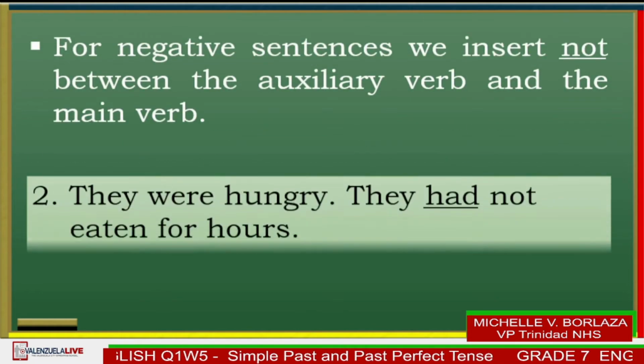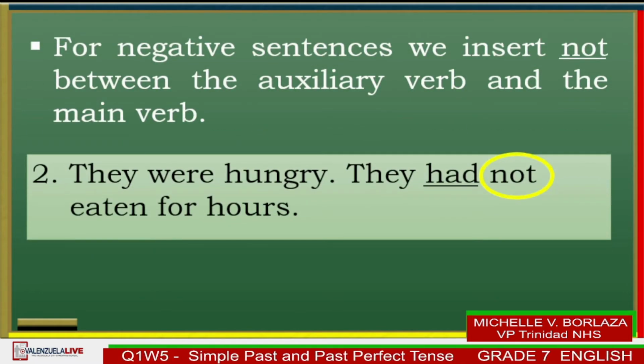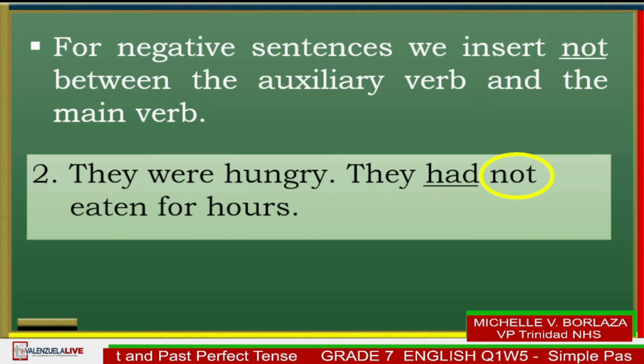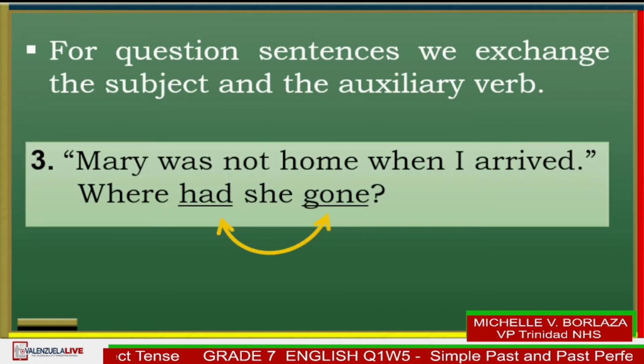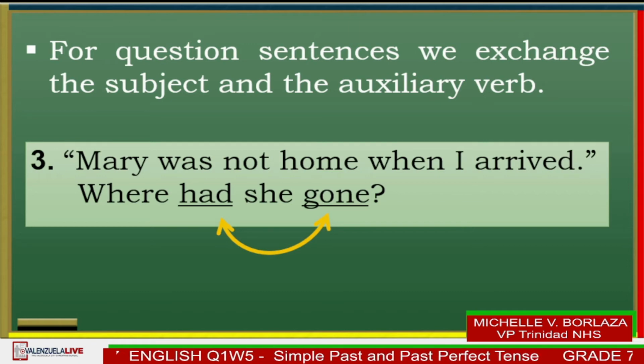For sentence number 2, or negative sentences, we insert not between the auxiliary verb and the main verb, just like had not eaten for hours. For sentence number 3, we exchange the subject and the auxiliary verb as we are forming a question, like where had she gone?